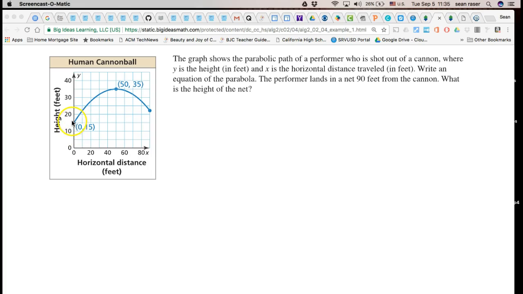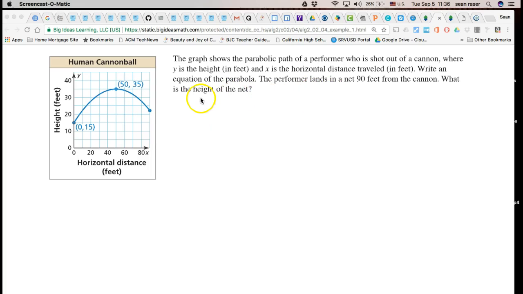So we know that the human cannonball started at a height of 15 feet, because at 0 feet traveled, he's up at 15. And then he shot out, he traveled. After he's gone 50 feet horizontally, he's 35 feet in the air, and then he starts coming back down.